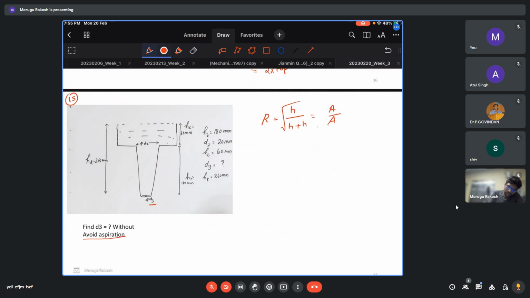Now, if you are confused with these areas, it is simple mathematics. This is the pouring cup that you should remember, and this is the total height from the base, that is pouring cup height plus sprue height. So this value will be less than 1 because the bottom is higher.